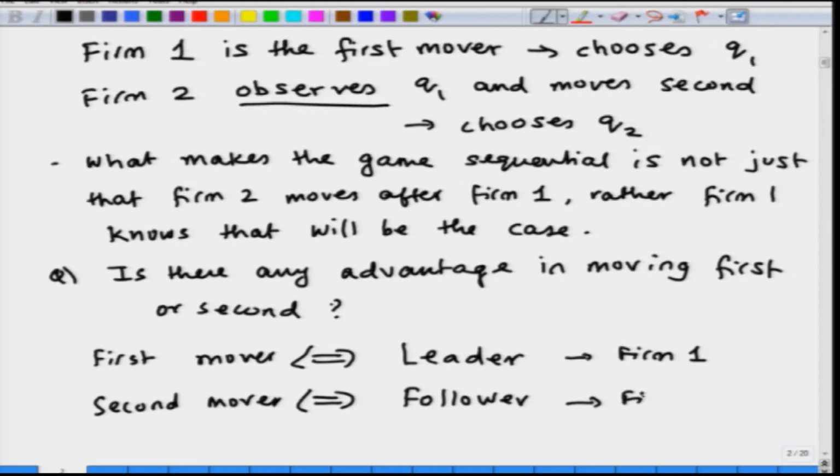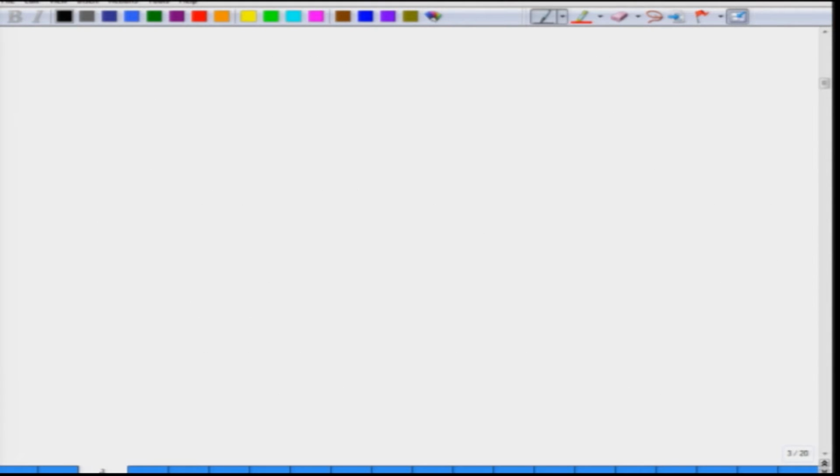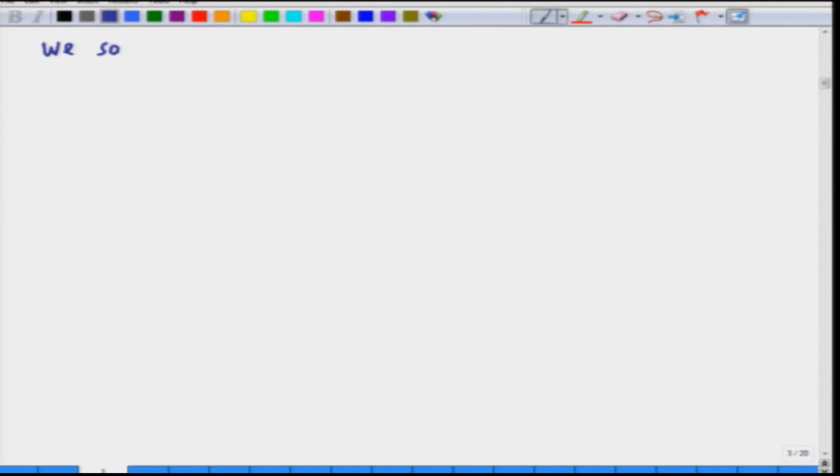In this case, it is firm 2. So, the way we will solve sequential move games is by using the technique of backward induction.